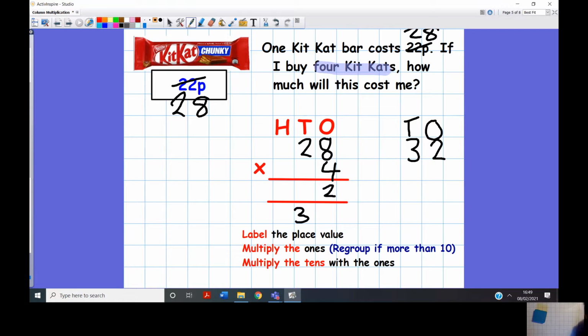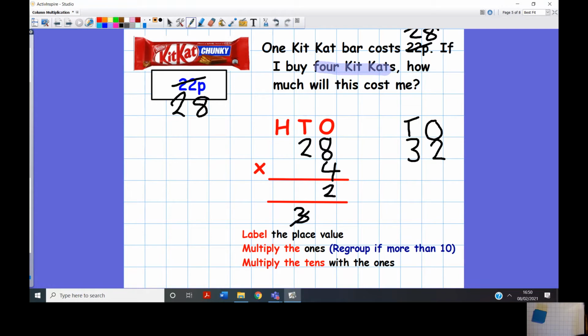I remember I've got these 3 sitting here at the bottom. 2 times 4 is equal to 8. My answer is not that, because I haven't included my 3 tens, which I need to add on. So 8 add 3 is equal to 11.